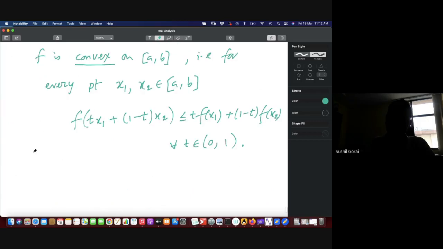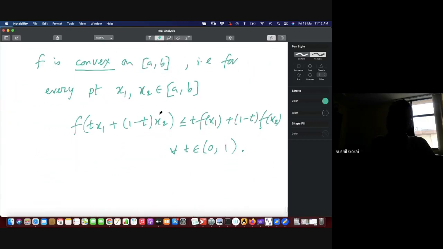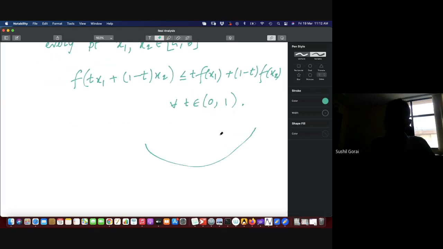So what does convexity mean? It means the value at the middle point is less than or equal to the value of the chord joining the 2 points. Right? So here is the picture. Suppose this is the x-axis, this is the y-axis, and a, b.